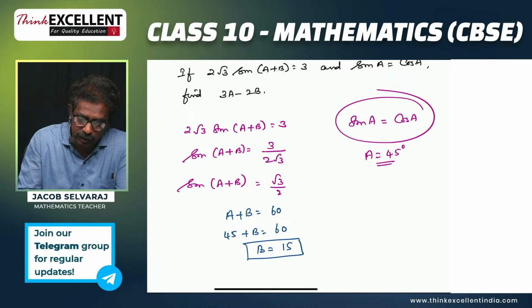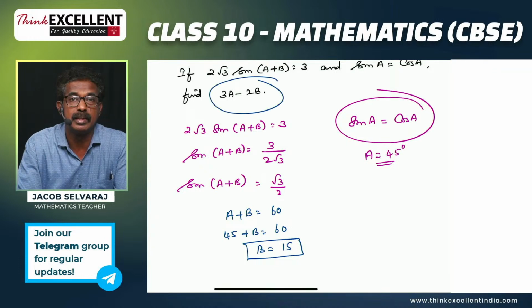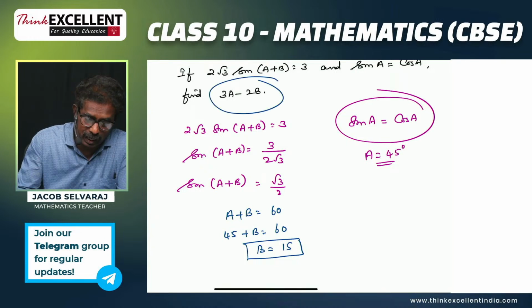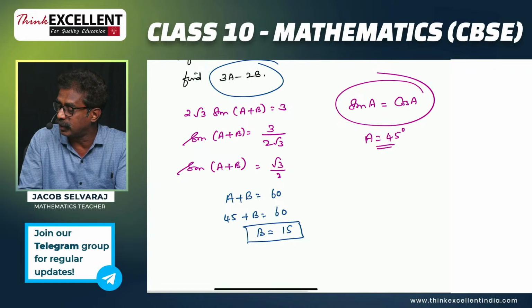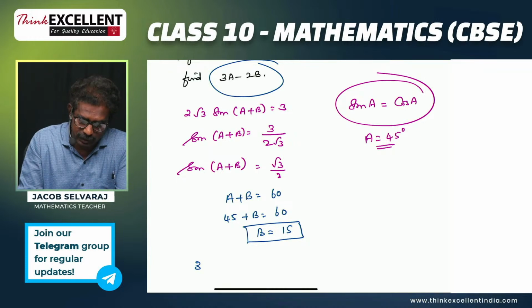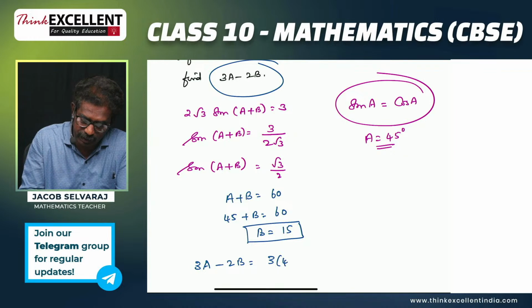Don't stop here. They didn't ask you to find a and b. Of course you need a and b, but they asked to find 3a minus 2b. Students, even if your answer is wrong, don't worry about that. You can give your answer in the chat section. 3a minus 2b is 3 into 45 minus 2 into b value 15.